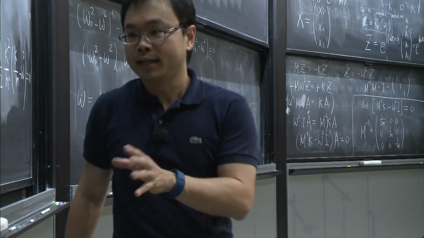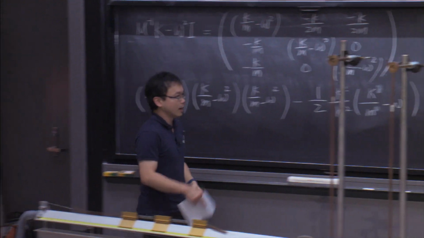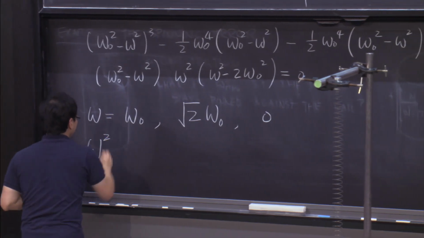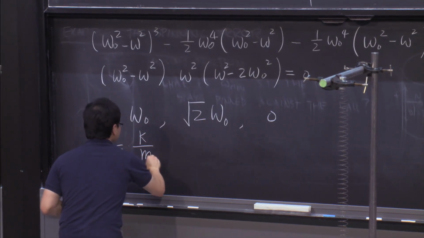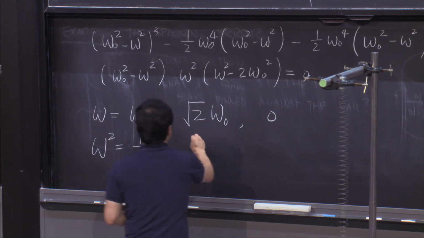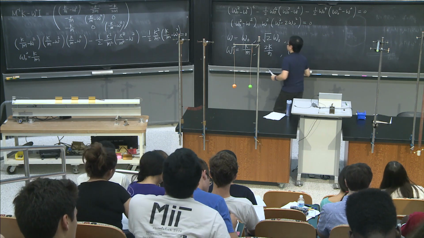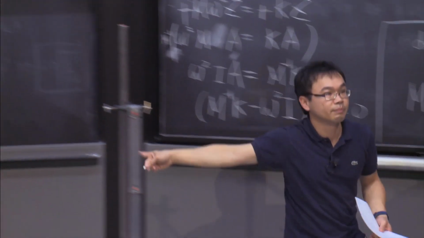I have defined omega 0 squared to be equal to k over m, right? Therefore, I can conclude that omega squared is equal to k over m, 2k over m, and 0. Look at what we have done.